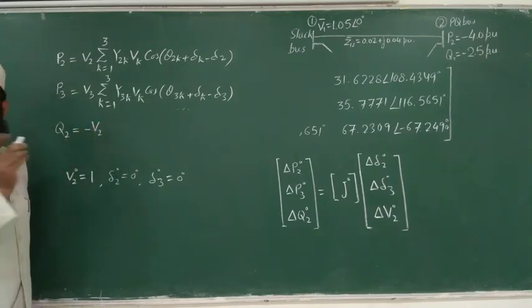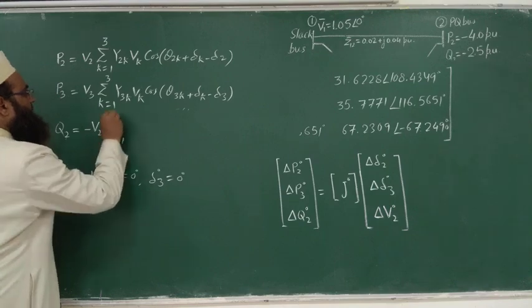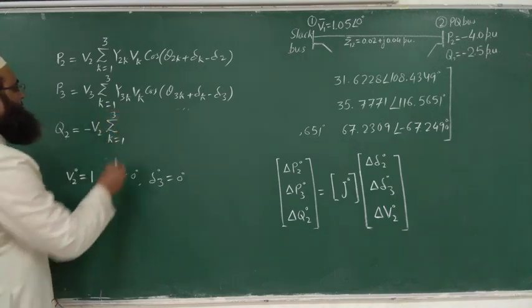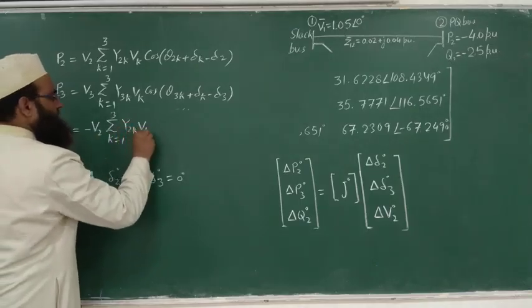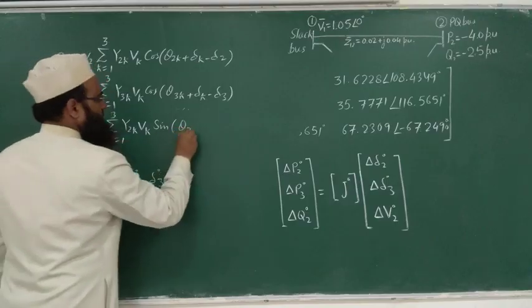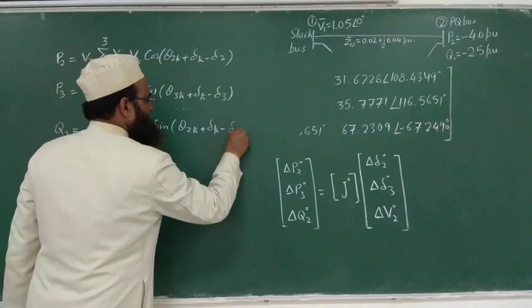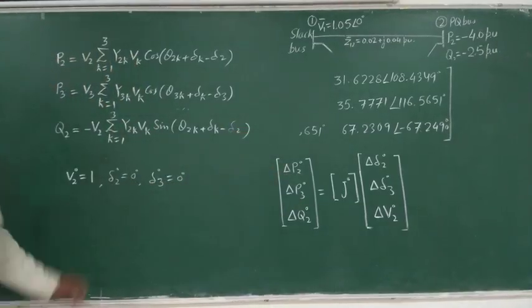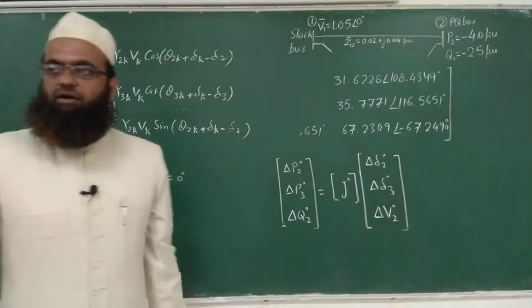Minus Vi. Check your notebook. K is equal to 1, 2, 3, N is 3 here. Yik, I is 2. Vk, sine is here, right? Theta ik plus delta k minus delta I, which is 2. Just check. So you know the formula for calculating P2, P3 and Q2, whatever, Qi and Pi, wherever required.